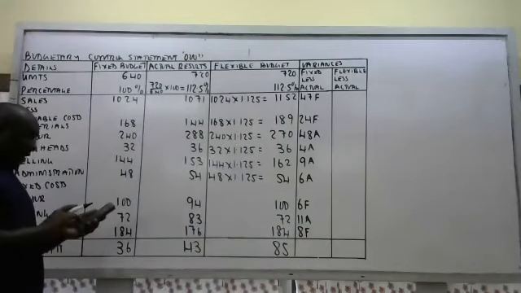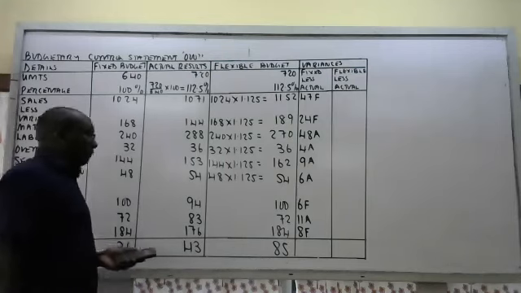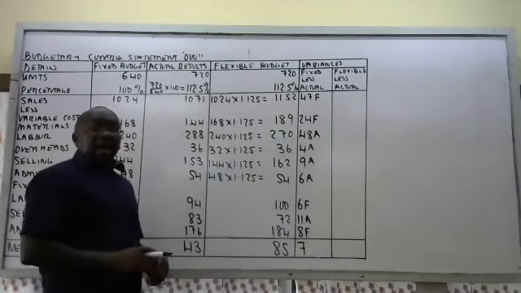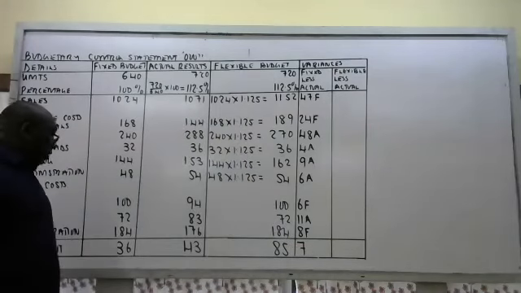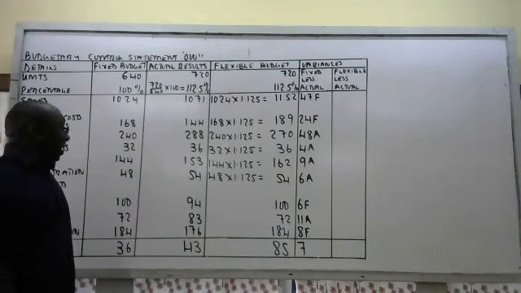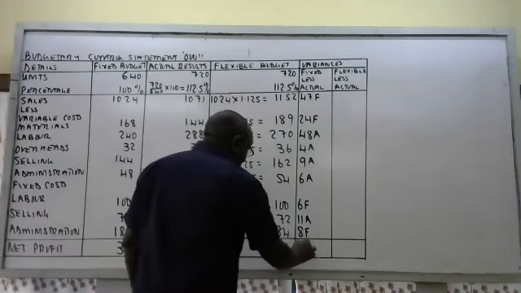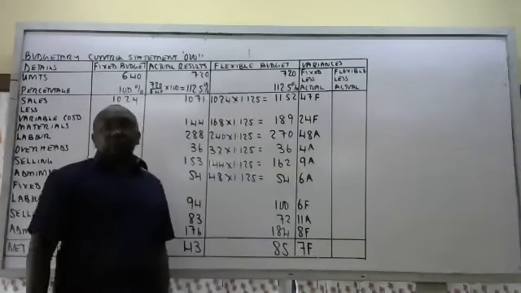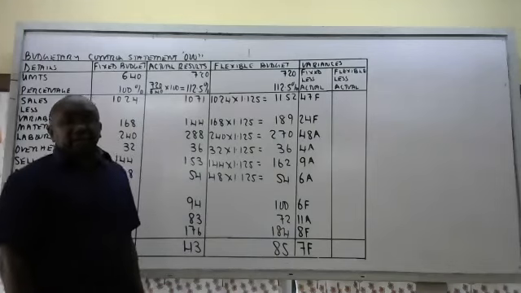Then that 6 minus 43 is 7, and this 7 is favorable because the actual is higher. That's how you get it.